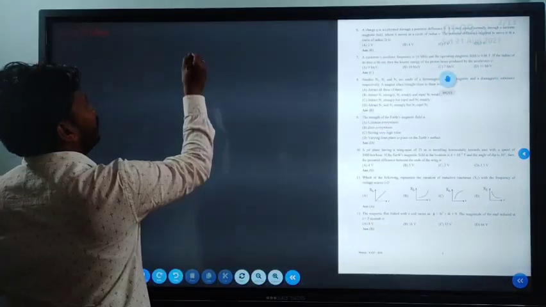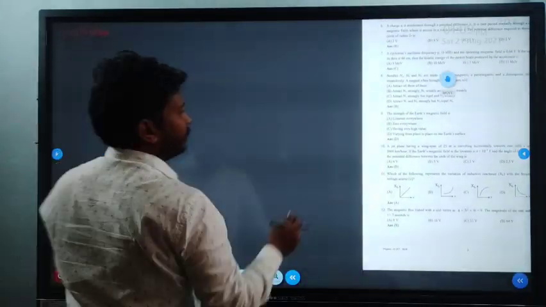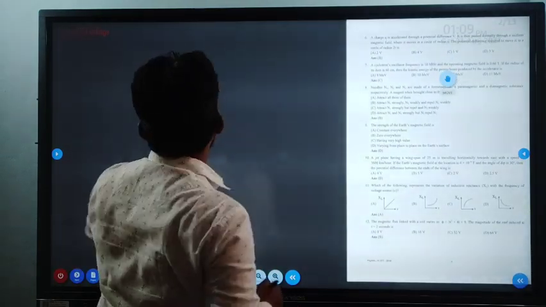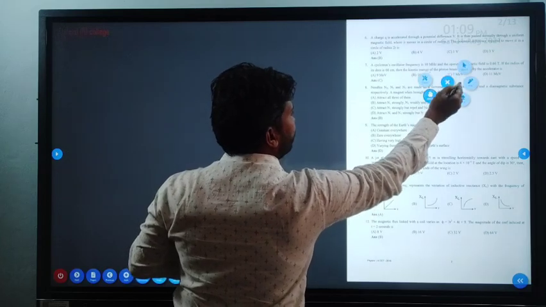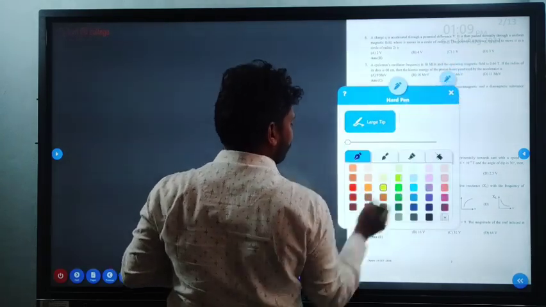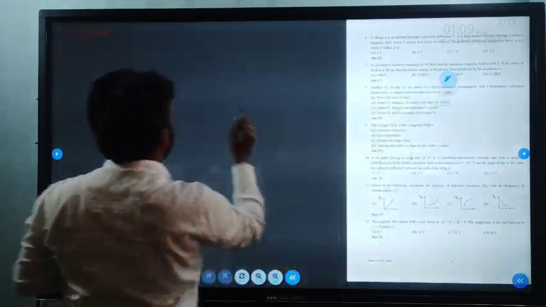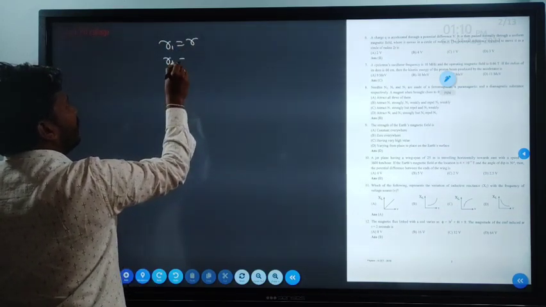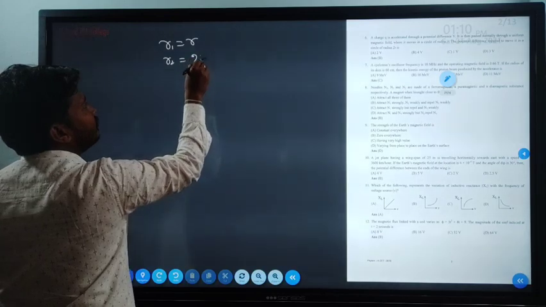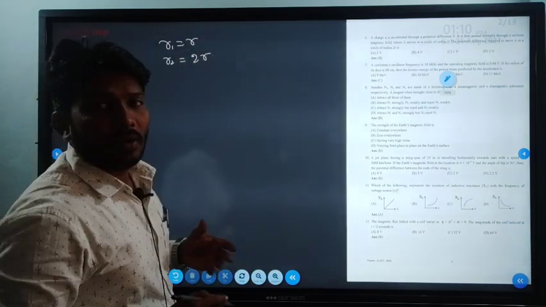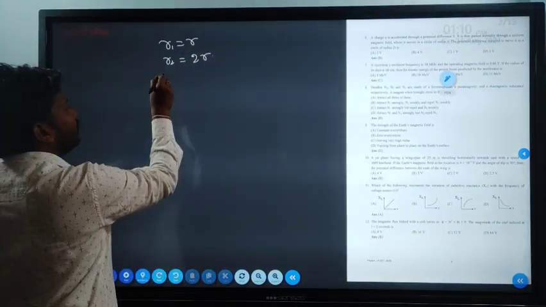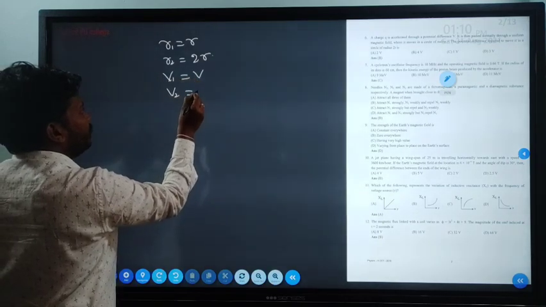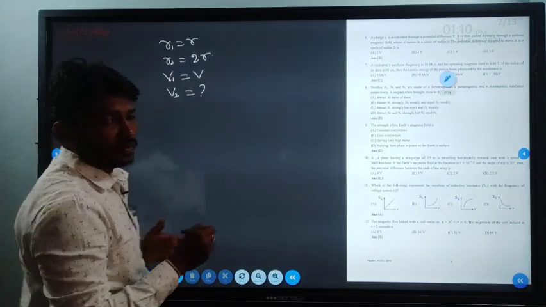Initially, R1 equals R and R2 equals 2 times R. Then V1 equals V, and V2 we need to calculate.